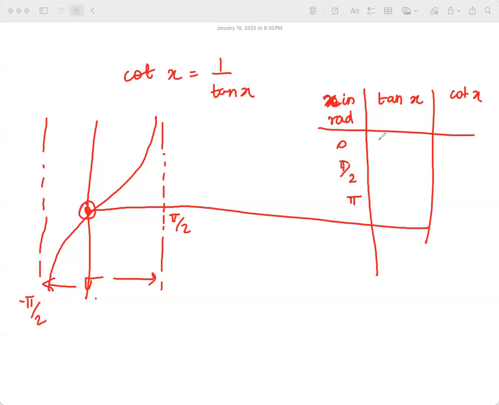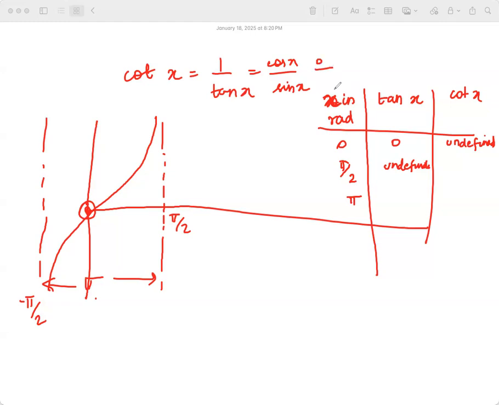Now what happens? Tan 0 is a 0. So cot starts at undefined. Now, tan pi by 2 was undefined. Basically, cot is cos x by sin x, right? Now, cos pi by 2 was a 0.